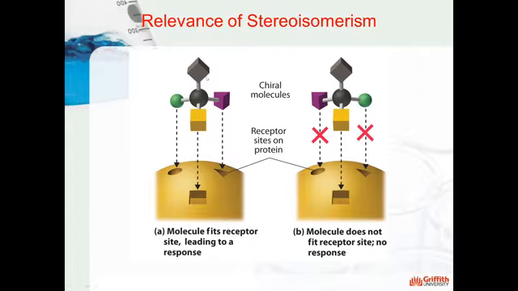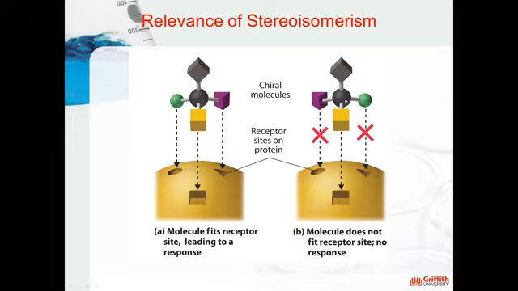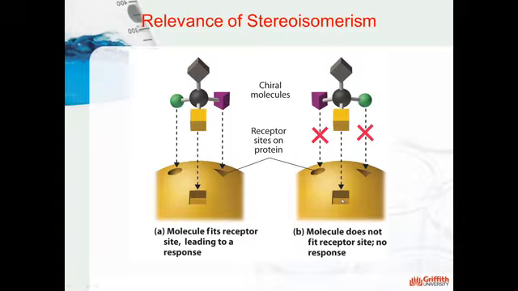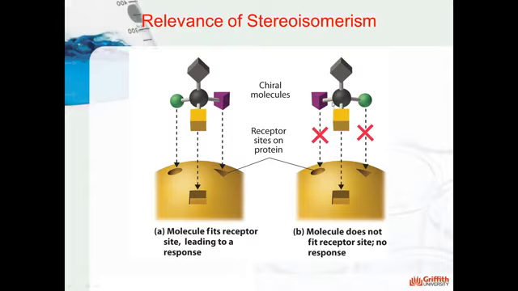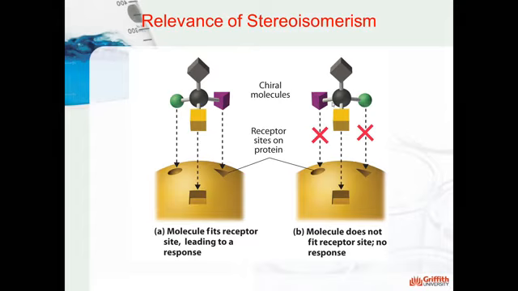The mirror image of that drug molecule, though, has the opposite configuration, and so the square might line up, but the other two groups do not. And so the chemistry is going to be quite different for that. So there might be quite an adverse reaction. An example of that is thalidomide.